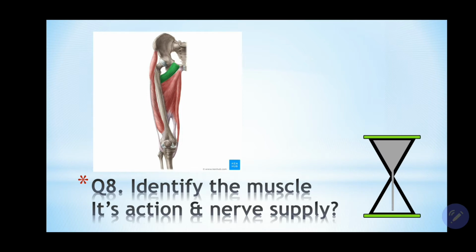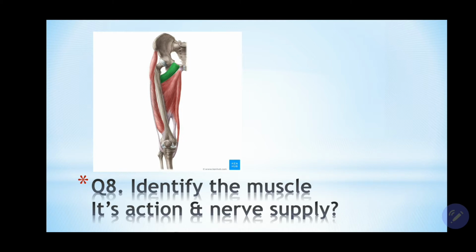Identify the muscle, its action and nerve supply, the green color muscle. Okay, so the green color muscle here is a hybrid muscle. It belongs to 2 compartments, both the front and the medial compartment.